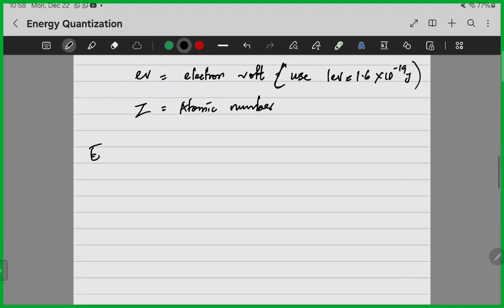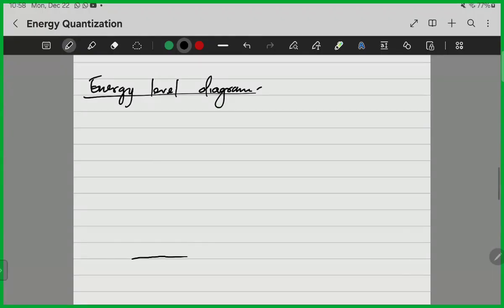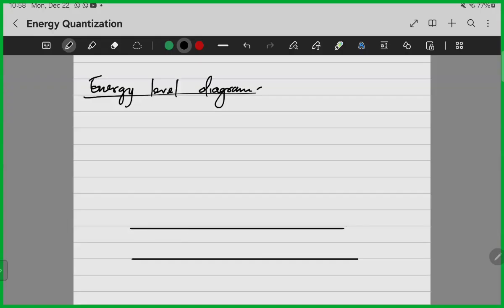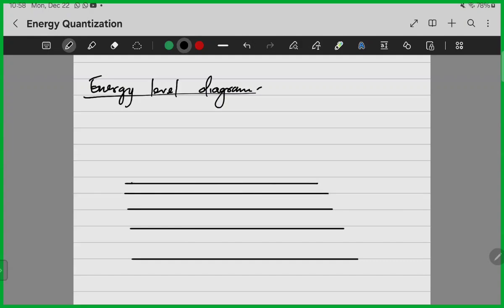Let's do the energy level diagram. This is what it looks like. We draw the ground state, then the next level, and another level, and another level.